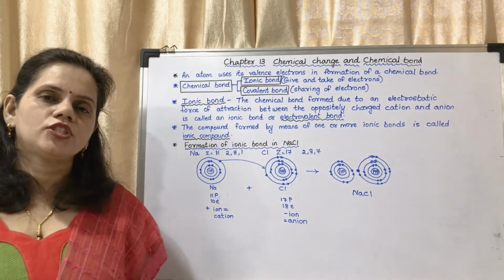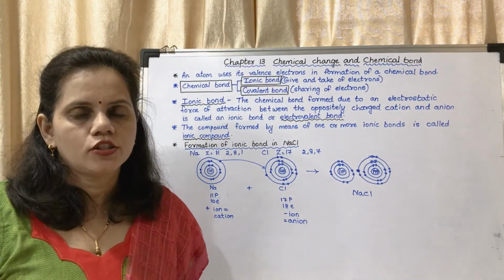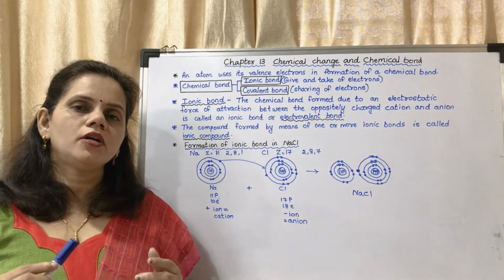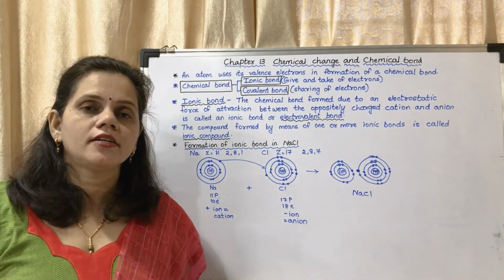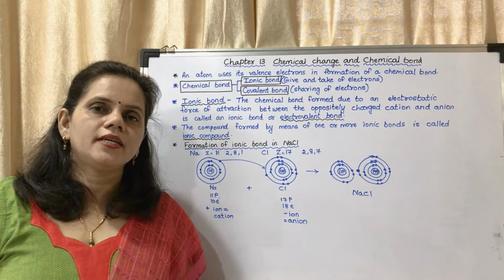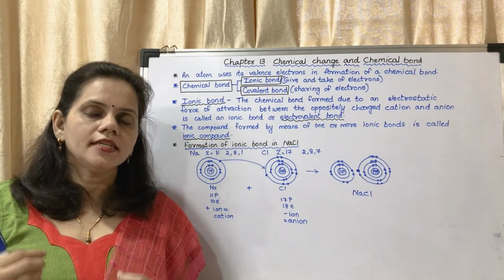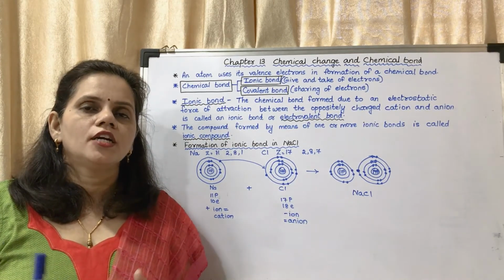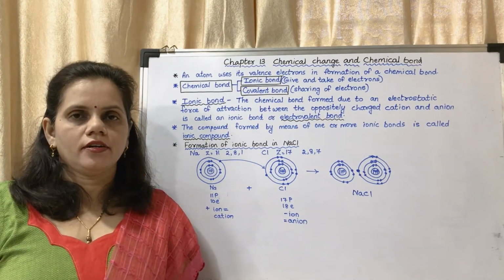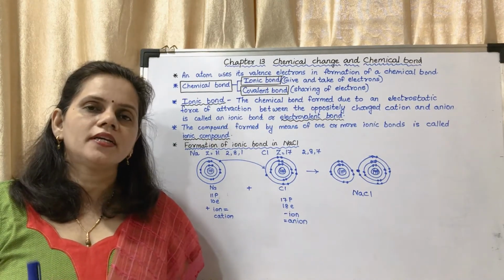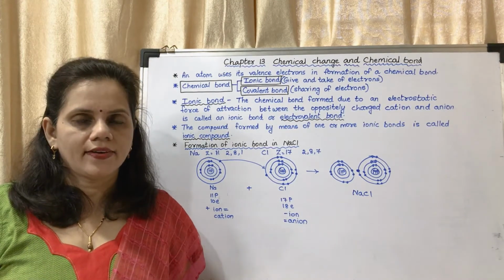If you are having a question on formation of ionic bond in sodium chloride, you should be able to write it with a diagram. What will you write? The atomic number of sodium is 11. Its electronic configuration is 2, 8, 1. So it will give 1 electron. Next, the atomic number of chlorine is 17.